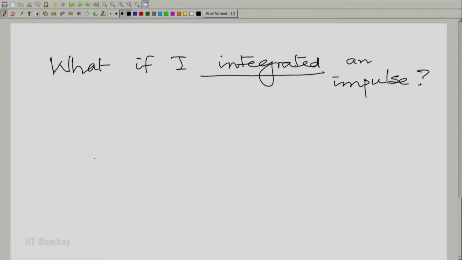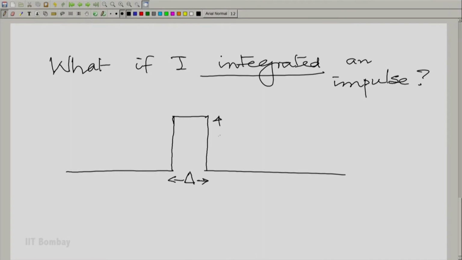Now, let me again do this by using a limiting argument. I have this tiny little pulse here of width delta and height 1 by delta, and this point, let us call it t0. This is the variable t, and I have delta_Δ located suitably.